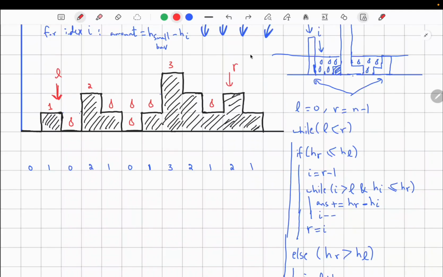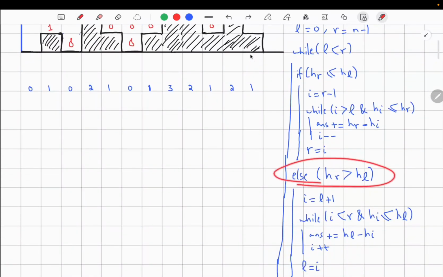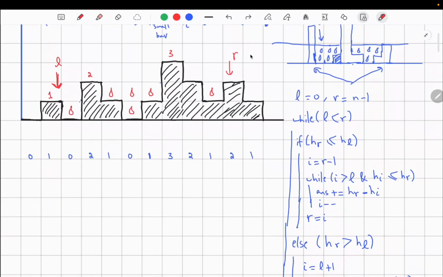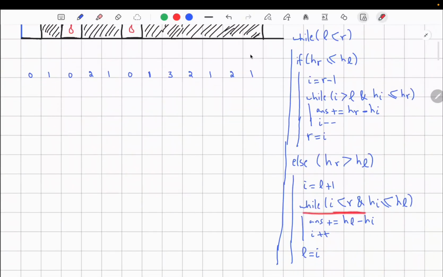We will not enter this while loop, and immediately we will set r equal to i. And now we will come to this loop again. So we will do the comparison. Which is smaller than the other? The left is smaller than the right. So we enter this loop, i equal l plus 1. So i will be here. And now, while i less than r, okay, and h i less than h l.